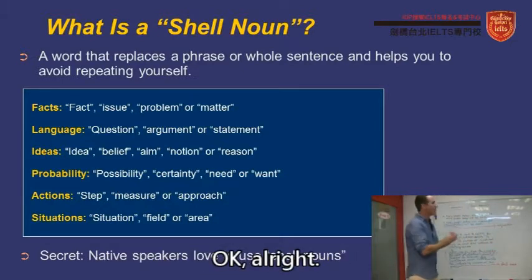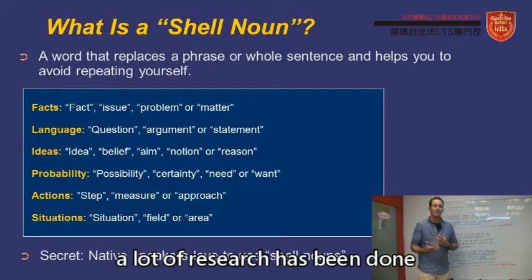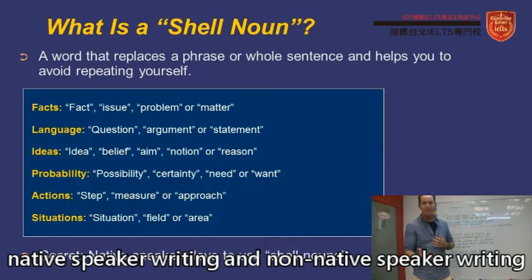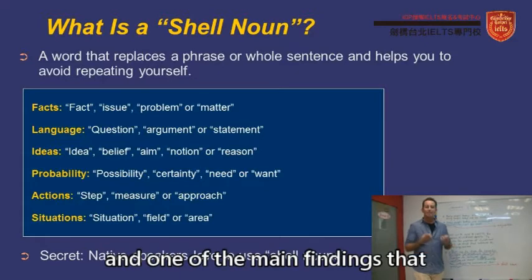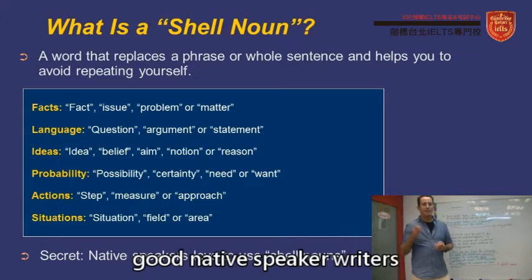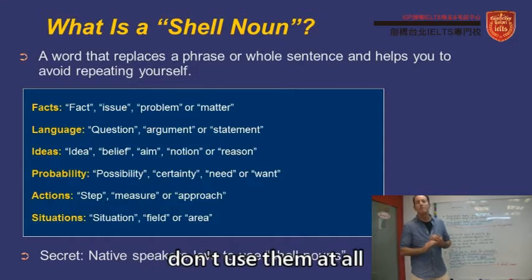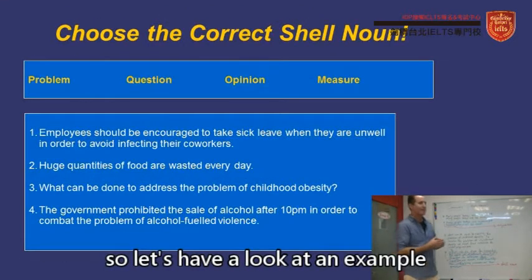Okay. Alright. So, your big tip for today is that a lot of research has been done on the differences between native speaker writing and non-native speaker writing. And one of the main findings that the researchers discovered was that good native speaker writers like to use a lot of shell nouns and non-native speaker writers don't use them at all. Okay, so let's have a look at an example.